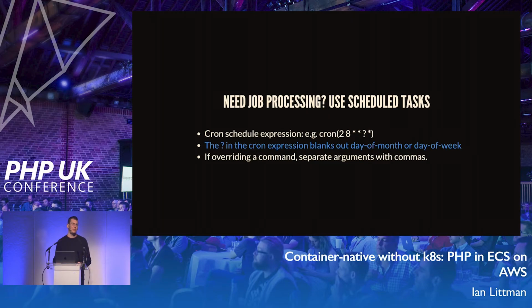I would suppose the command line override is what you're going to use more often if you're using the same container image for both serving web traffic and something that's on a CLI. You can specify either interval-based execution or more or less standard cron syntax. And that link there explains a little bit of the idiosyncrasies of how Amazon parses that.